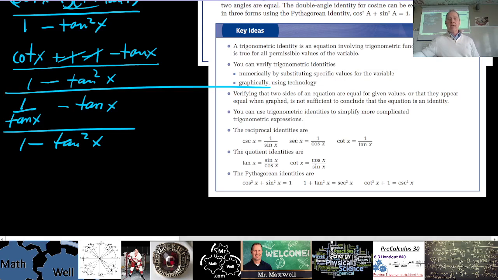So now I'm seeing that I should probably perform the indicated operation, and by doing that, watch what's going to happen. I'm going to put a common denominator of tan x down here, which means I have to multiply the top by tan x. Well, that's going to be intriguing, because now I have 1 minus tan squared x.